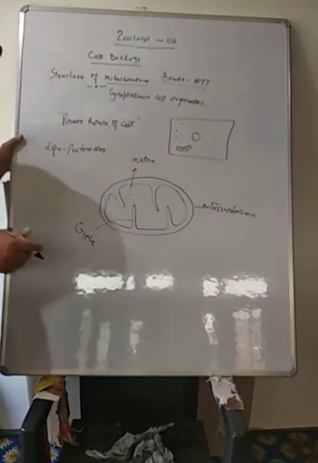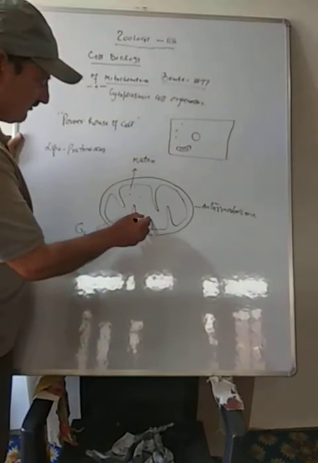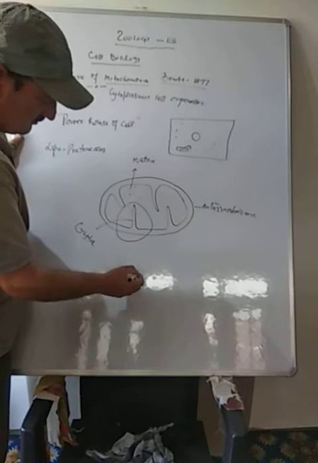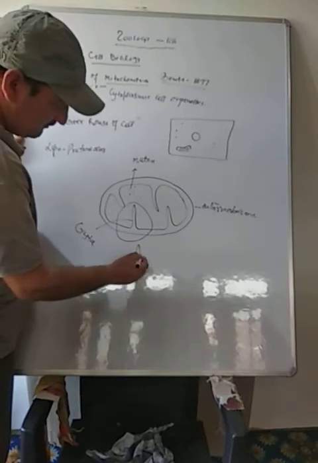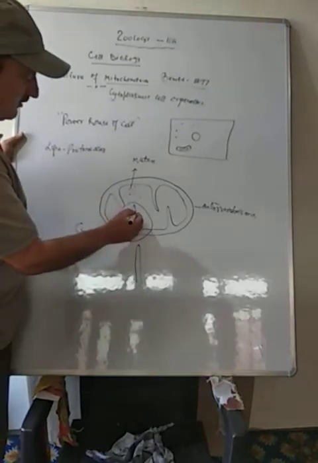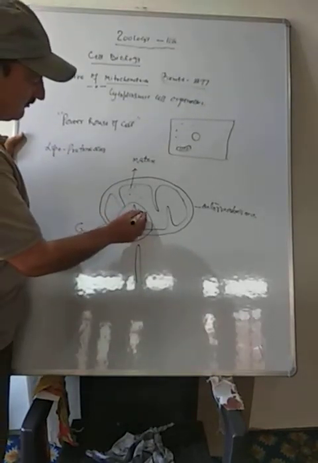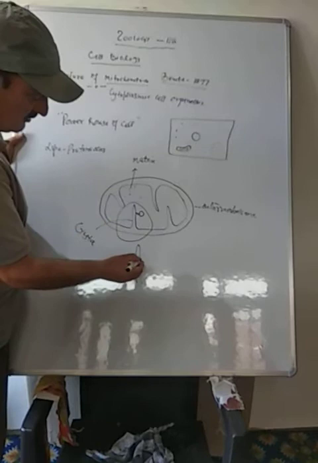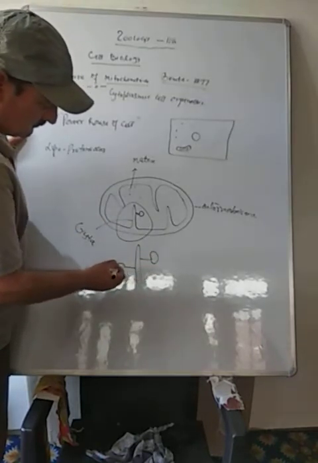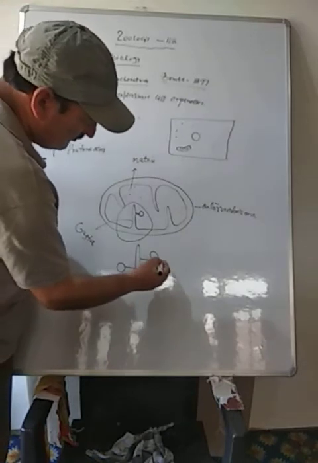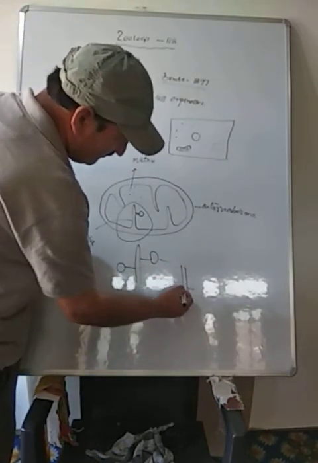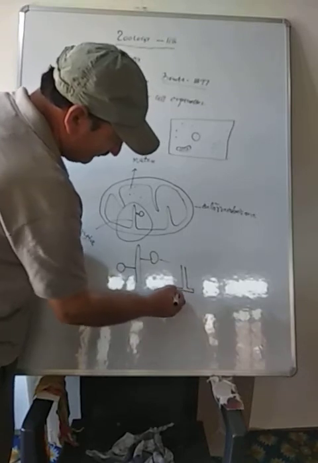If we examine one crista, just like this, each crista bears on its surface small tennis bat-like structures, just like this. I will draw it here. This is the tennis bat-like structure.